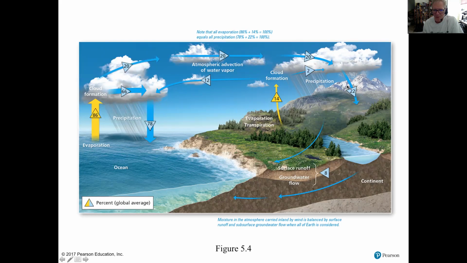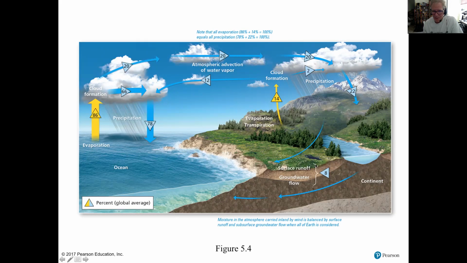Now, out of this 22%, some of it evaporates or transpires right back. Transpiration is like when plants breathe. They intake air and transpire water and oxygen. So the water goes back into the atmosphere either through evaporation or transpiration. Some of it runs off to the surface.